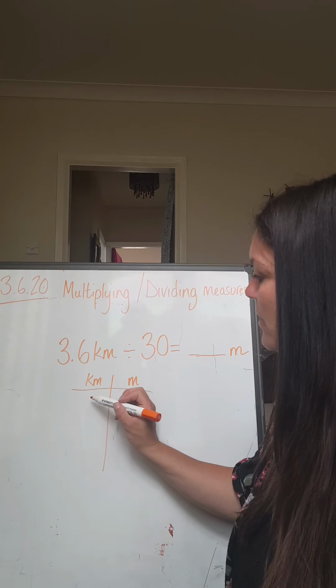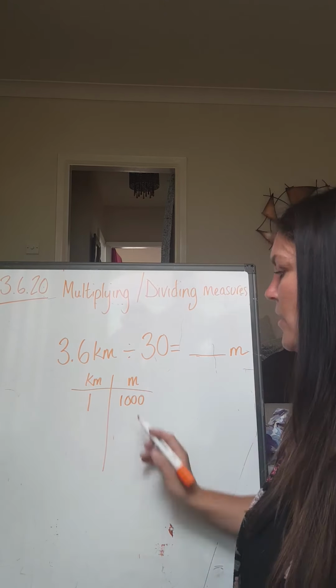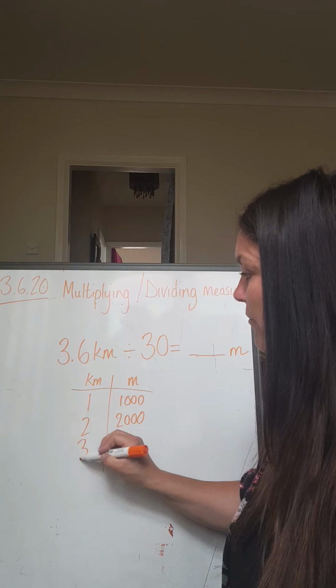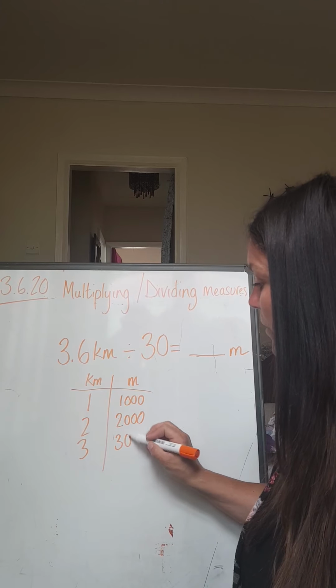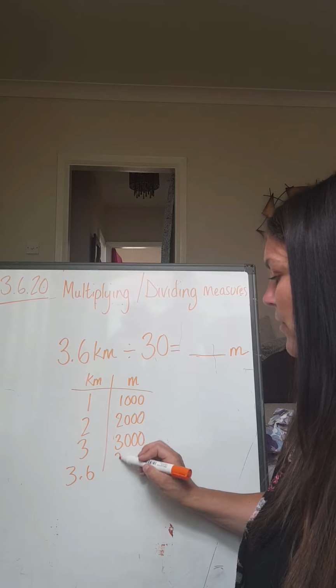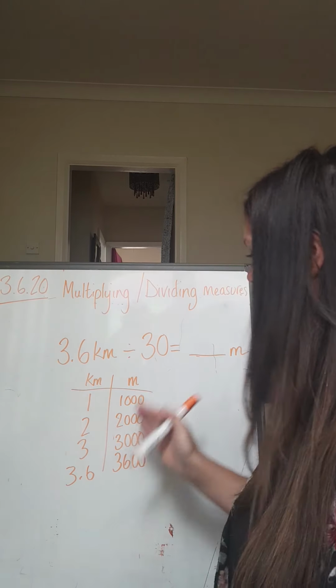So if I've got 1 kilometer, I know I've got 1,000 meters. So if I've got 2 kilometers, I've got 2,000 meters. If I've got 3 kilometers, I've got 3,000 meters. So if I've got 3.6, I've got 3,600. Really easy maths when you look at it and you do it that way.